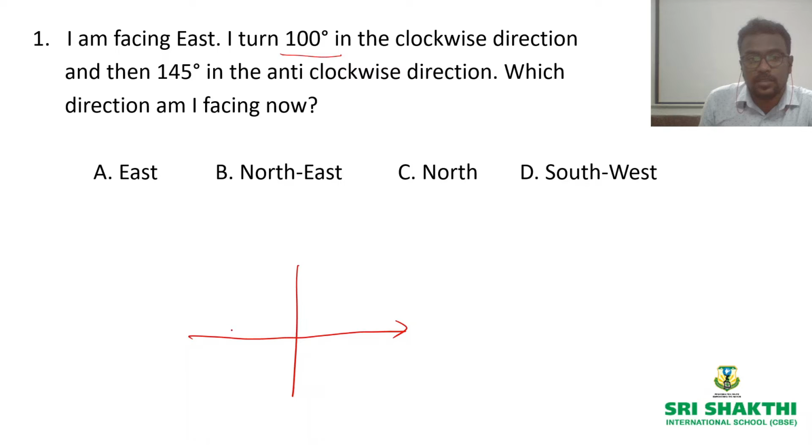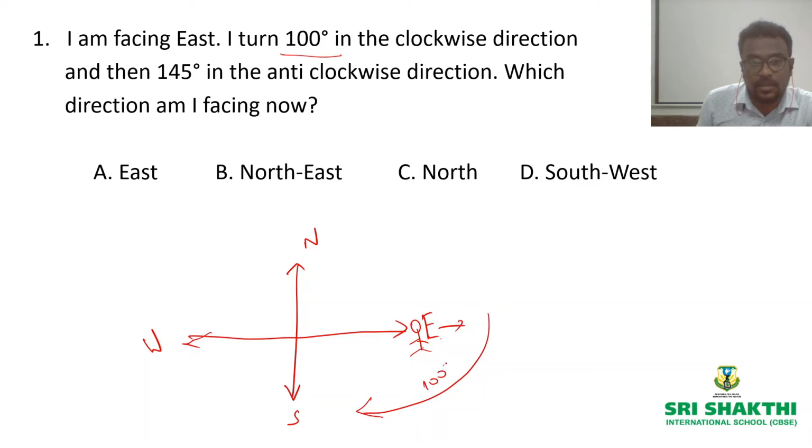Assume this as directions north, south, west, and east, and assume a person is standing over here, facing the east direction, and he has turned 100 degree in the clockwise direction, which is nothing but this direction, 100 degrees, and he has again come back 145 degree.